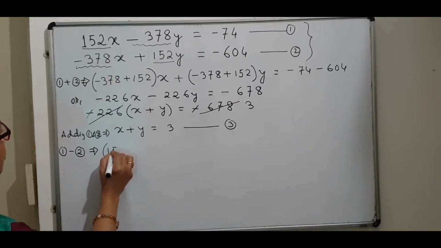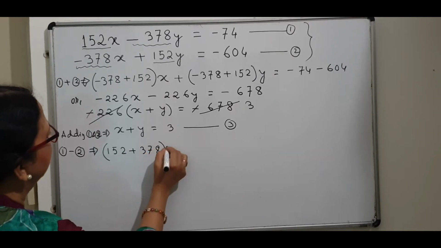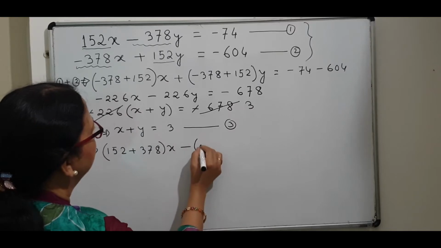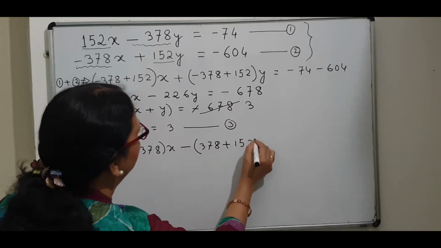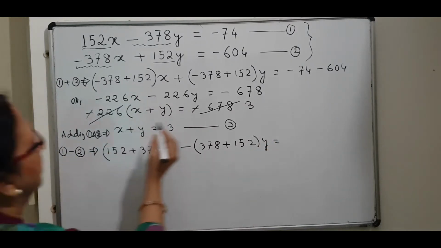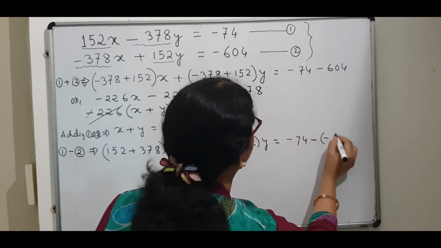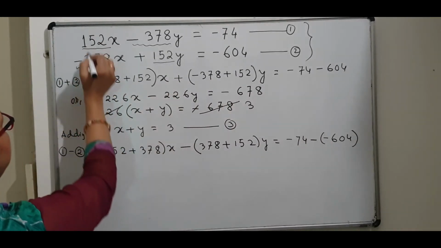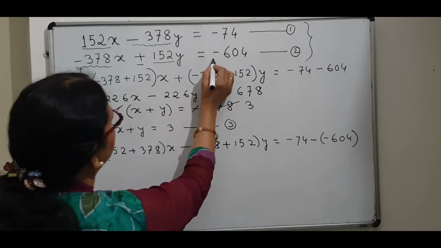So 152 plus 378 x, minus 378 plus 152 y. I am subtracting 2 from 1. So it is minus 74. Actually, all the signs, when I subtract this from this, become opposite. So this will become plus, this will become minus, and this will become plus.